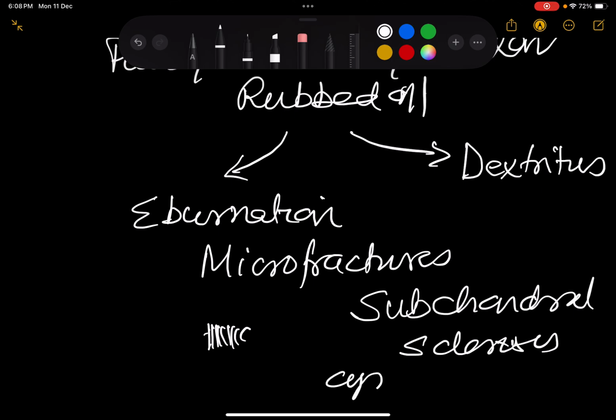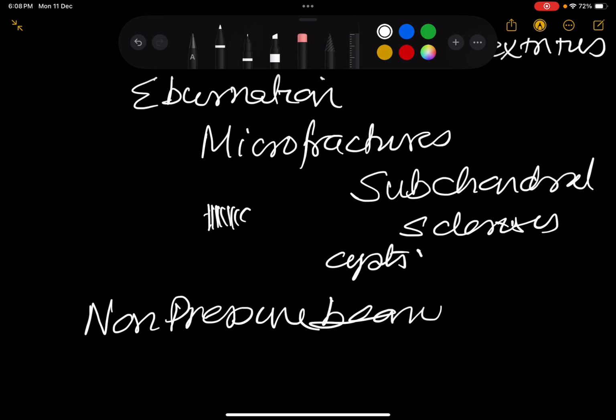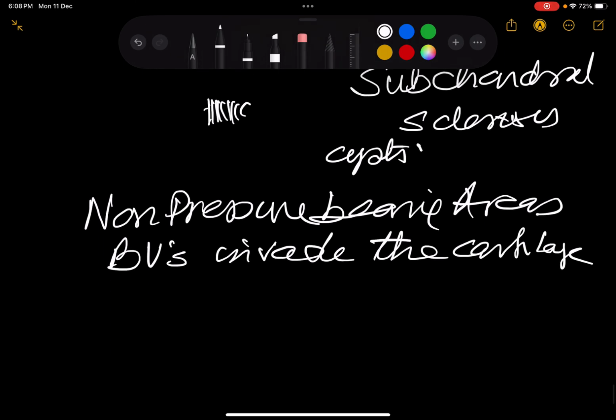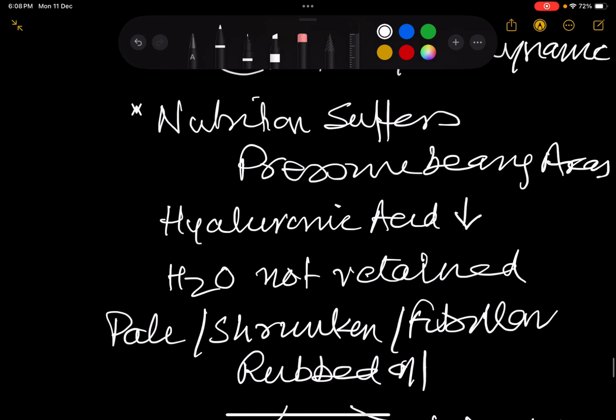And there may also be cysts. In non-pressure bearing areas, blood vessels invade the cartilage, and whenever a blood vessel invades the cartilage, there is ossification. And this ossification is called osteophytes.